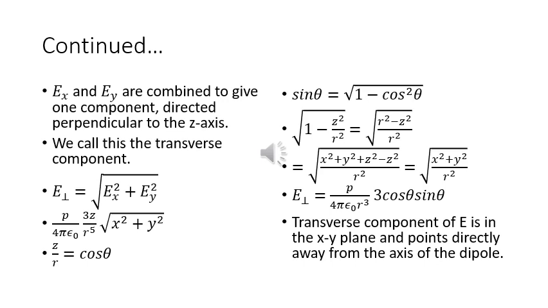Therefore, E perpendicular comes out to be equal to p upon 4 pi epsilon naught r cube 3 cos theta sin theta, where sin theta is given by under root of x square plus y square upon r square. The transverse component of E is in the xy plane and points directly away from the axis of the dipole.